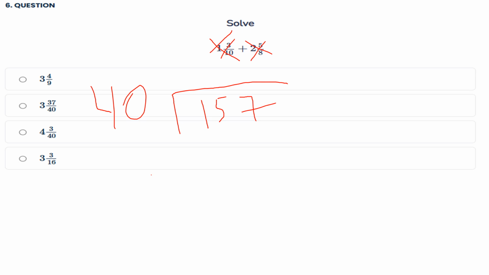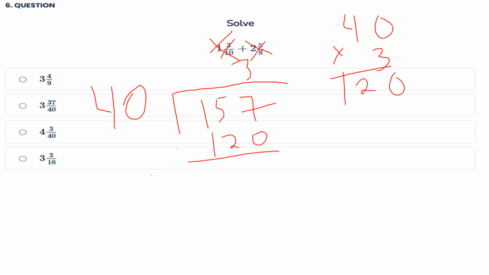And then we're going to figure out how many times 40 can go into 157. 40 can't go into 1, 40 can't go into 15, but 40 can go into 157 3 times, I believe. If you add another 40, that'd be 160, so that'd be too big. So we would use 3, and 3 times 40 is 120. We subtract 120 from 157, that gives us 37.